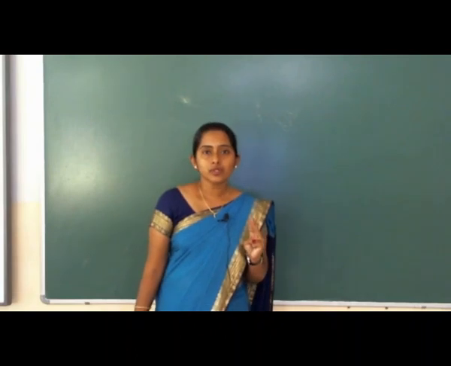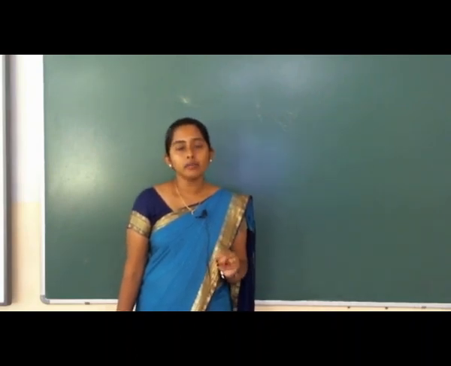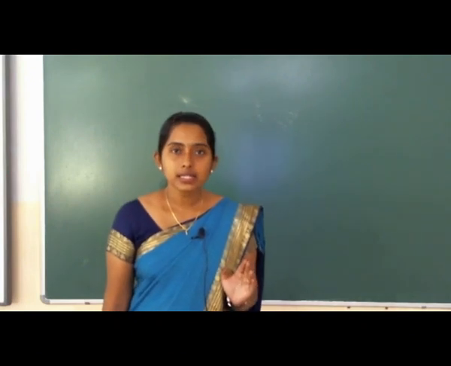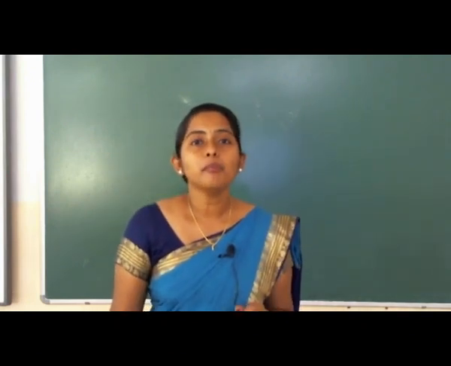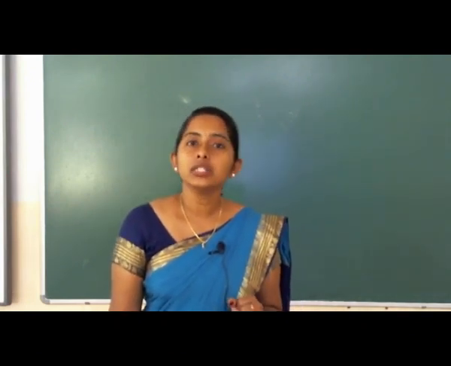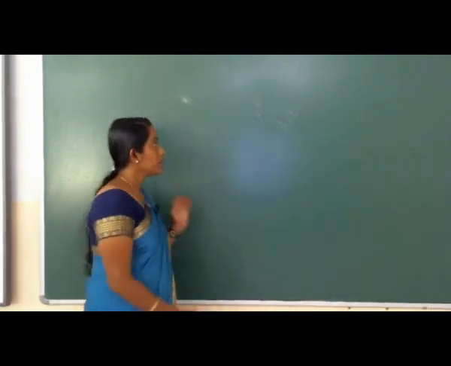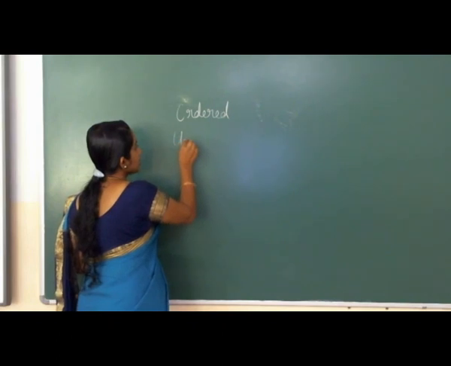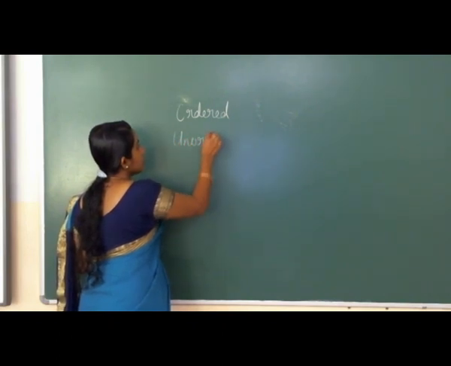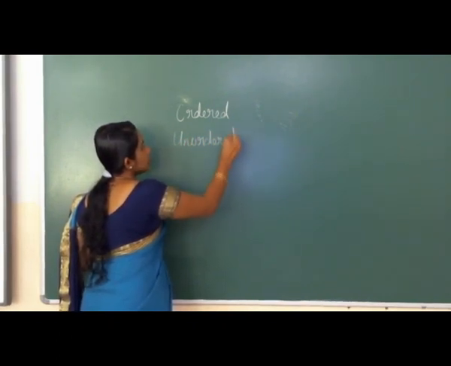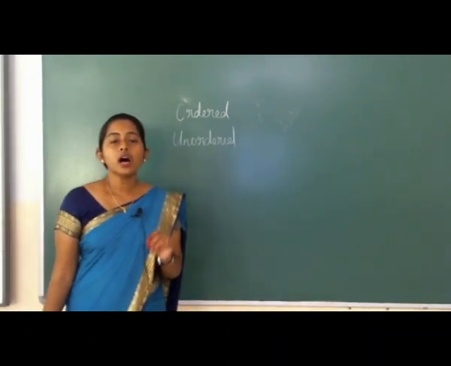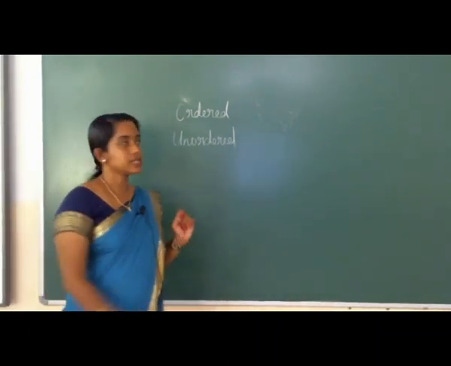Mainly two types of lists are available, numbered or ordered list and unnumbered or unordered list. First of all, we can move to the unordered list.